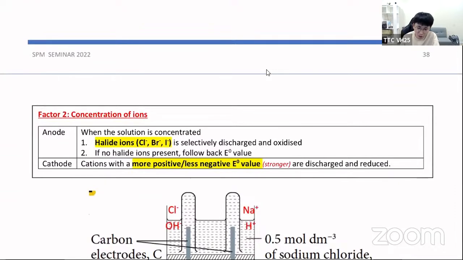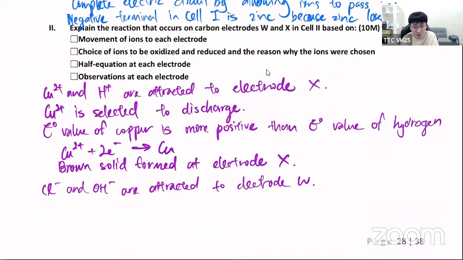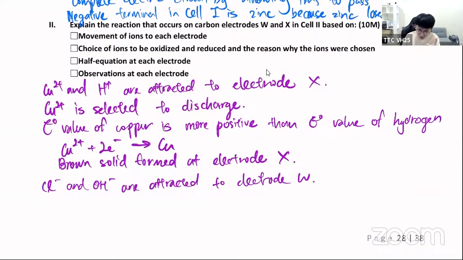But right now, in your selection, we actually have Cl minus, which is our halide ion. So because the halide ion is there, we're going to choose it. Okay, so you must choose the halide. So we can say chloride ion, Cl minus, is selected to discharge.